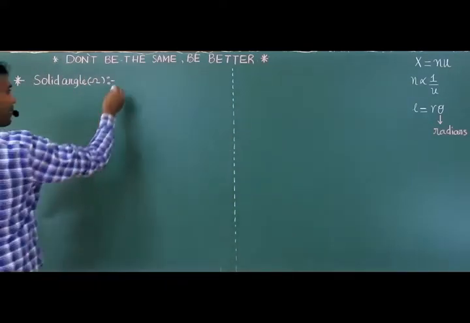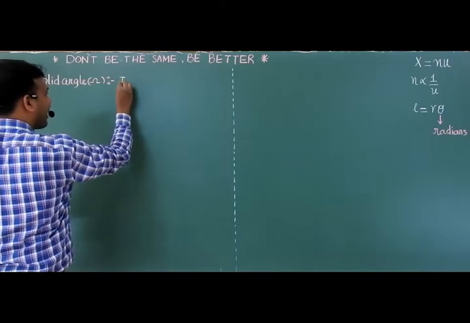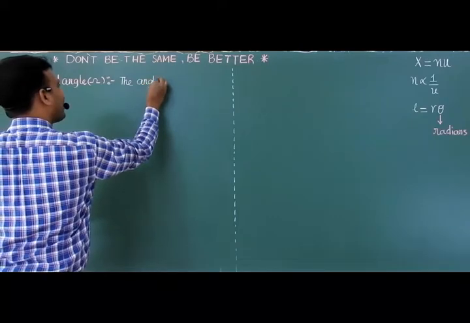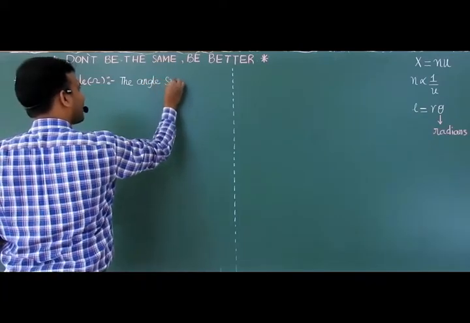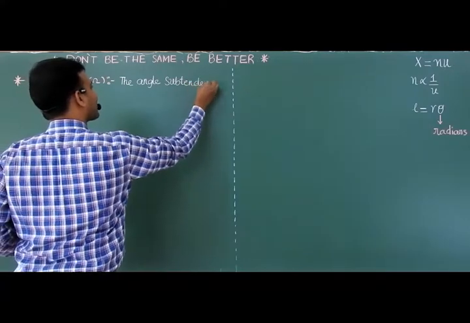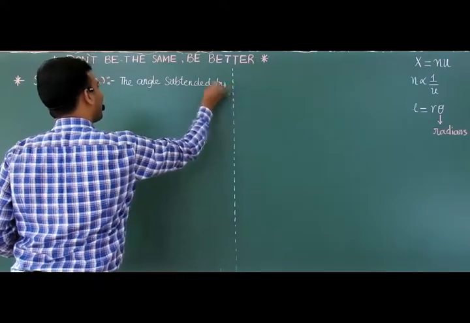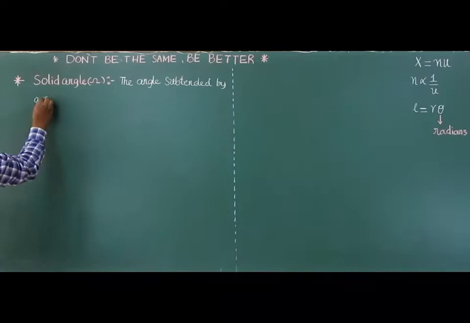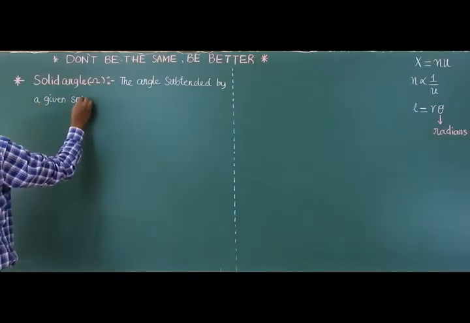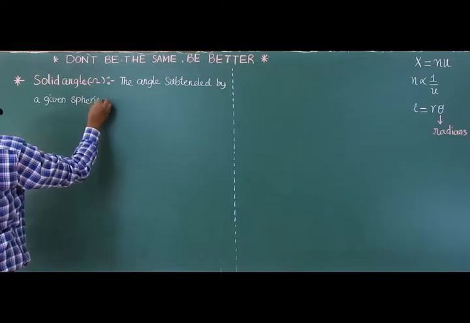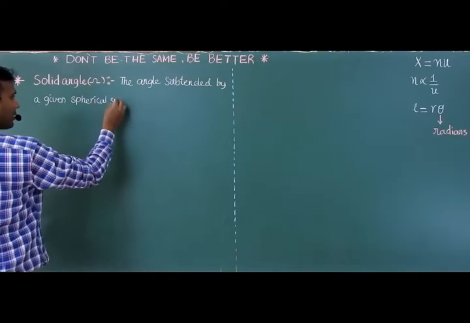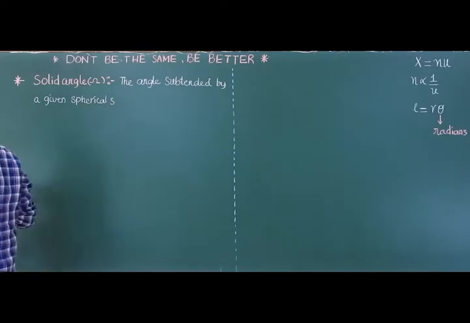Then what is meant by solid angle? Solid angle is nothing but, listen carefully, the angle subtended by a given spherical surface or a given surface area.